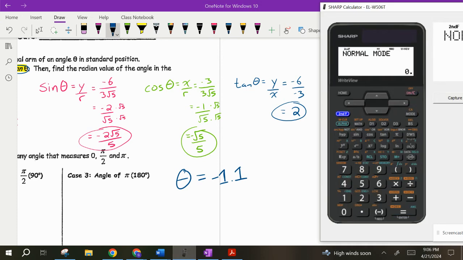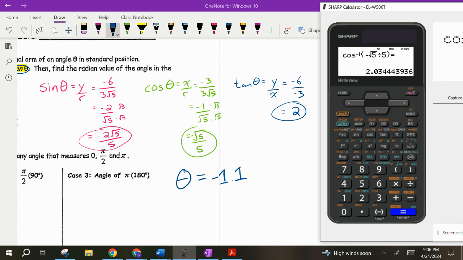Okay. Let's do the same thing with cos. Let's try second function cos of negative root 5 divided by 5. So instead of writing the fraction, I'm just writing division. We did not get the same thing. We should get the same thing.